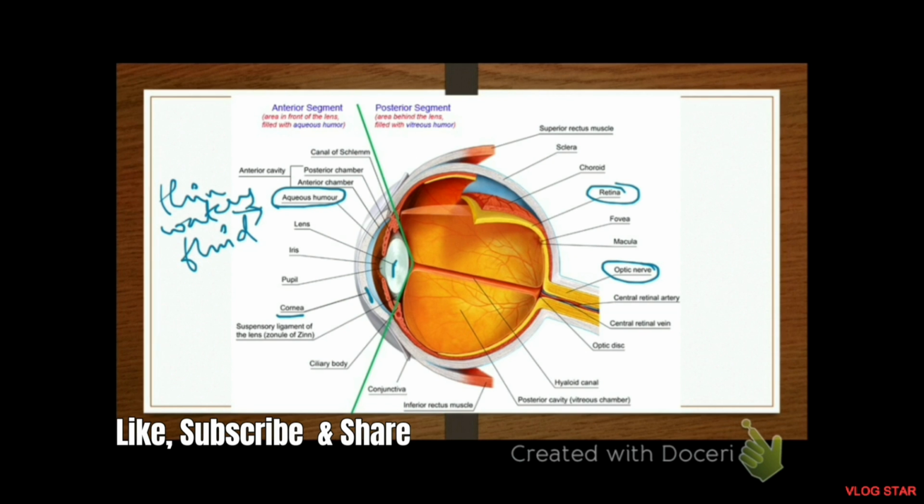It is leaving the retina, leaving the eye. It consists of sensory neurons, and it leaves the eye from the back side.